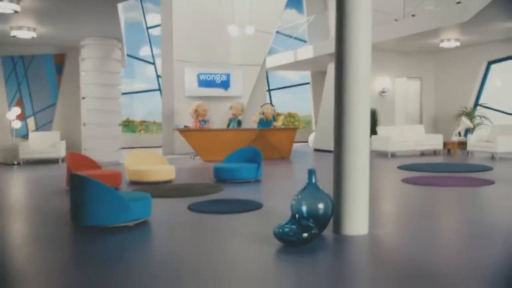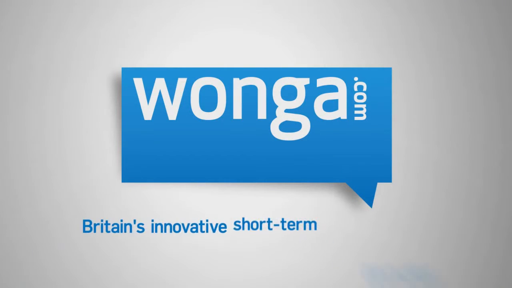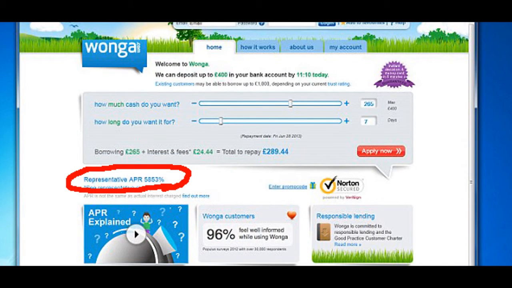It received 31 complaints that the advert was confusing to viewers, as it said that the APR was irrelevant to a short-term loan, which misled the audience into taking out a short-term loan, disregarding the APR, which was set at 5,853%.